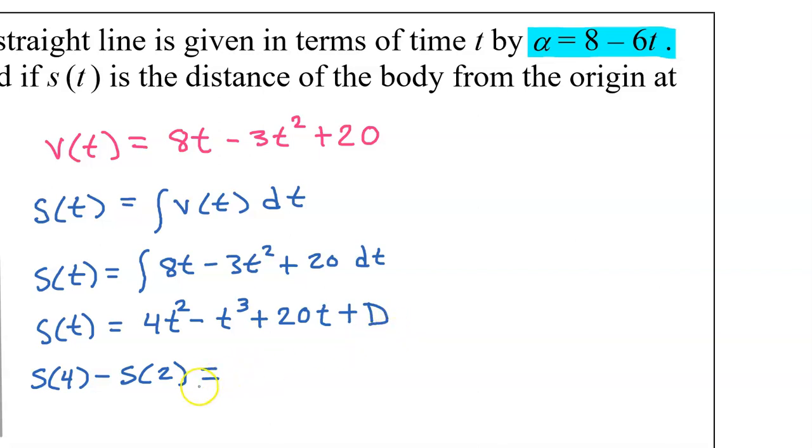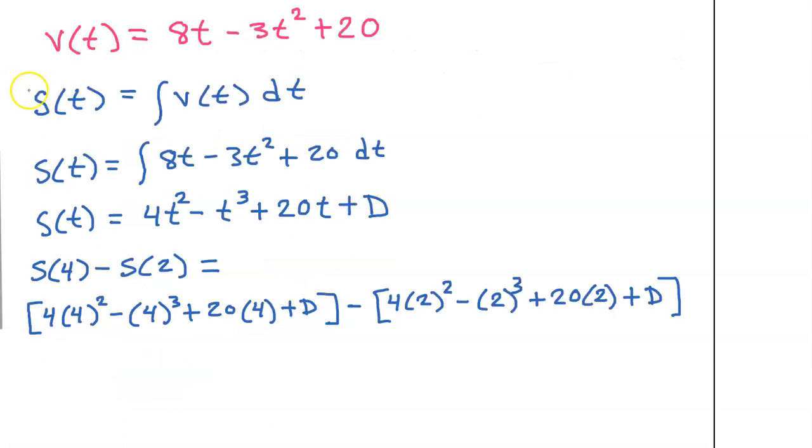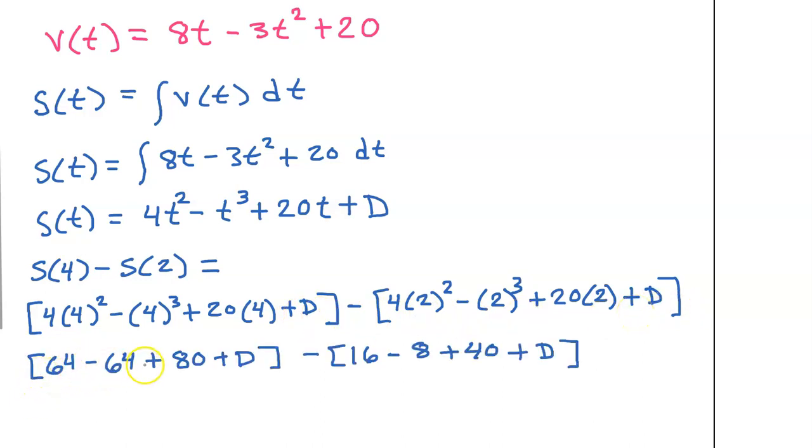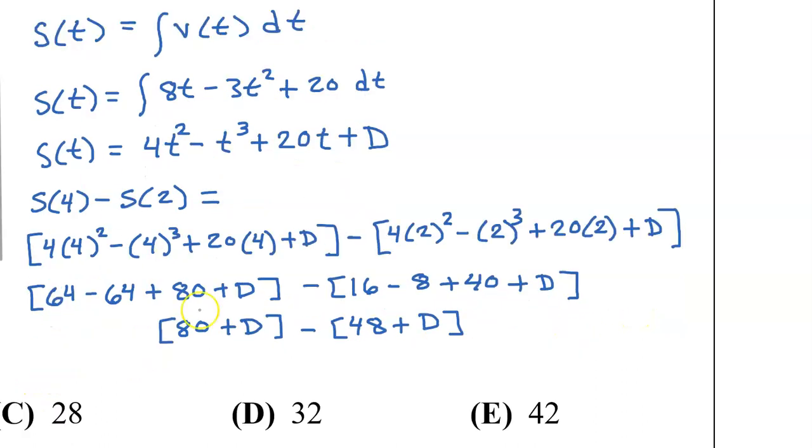The question is asking us to find s at 4 minus s at 2, and we can do that. So this is s at 4 minus s at 2. This should be looking really familiar compared to what we saw the last time, but this time we have a plus d here and a plus d here. So we simplify, and we simplify some more.